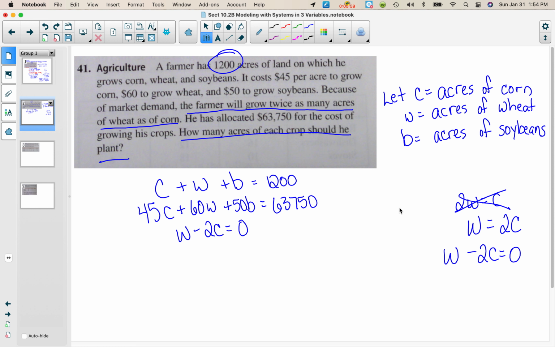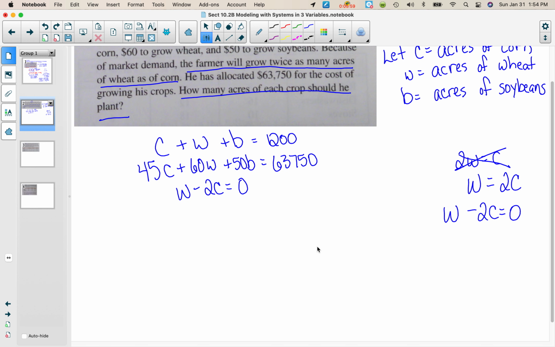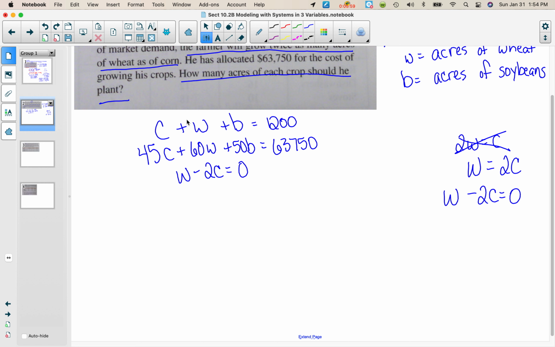So just like in the last problem, it's nice that we have an equation in 2 variables. Then I'm going to take my first 2 equations and eliminate B. So I'm going to take my top equation and multiply by negative 50. So I get negative 50C minus 50W minus 50B equals negative 60,000.